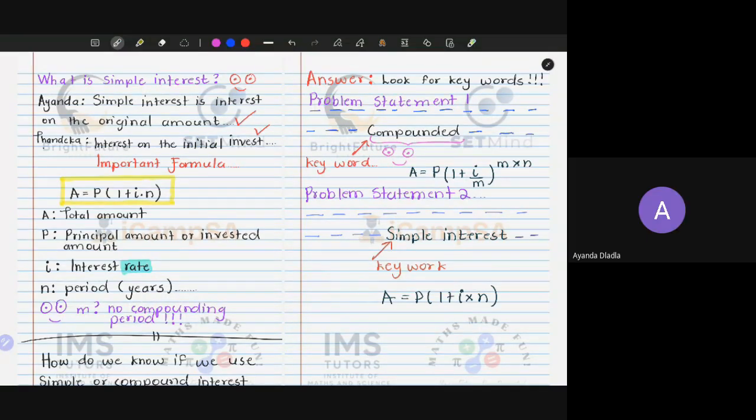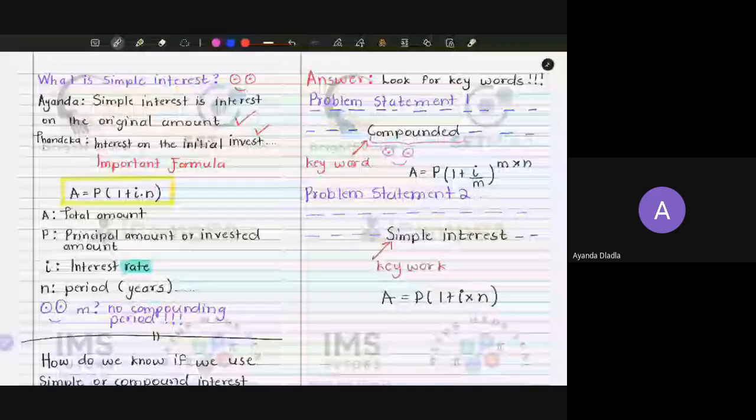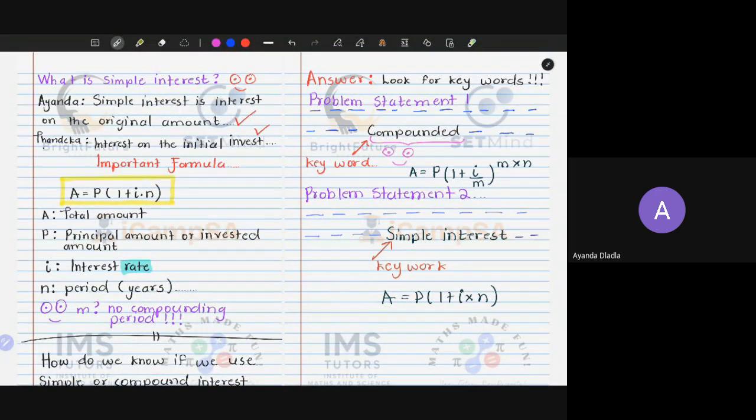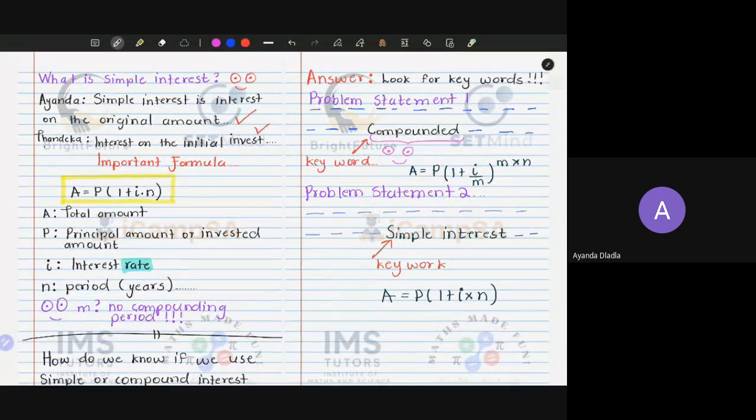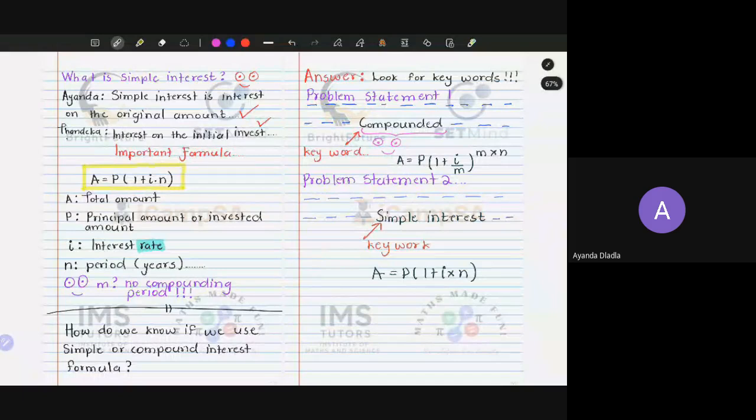Yes, sir. Awesome. Okay, let's jump now to problems, because you now know which formula to use by looking at the keywords. They will say calculate the amount after 5 years, but you need to look at the fine text. Are they saying compounded or simple? Anyway, let's jump to some problems.